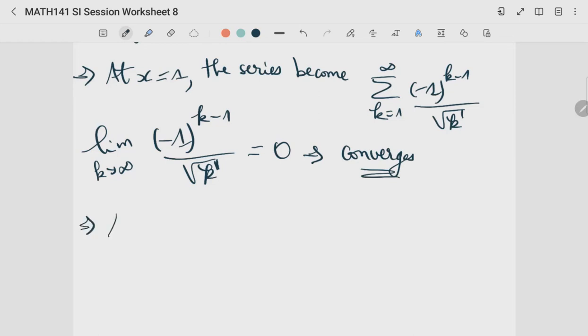So now what happens at x is equal to -1?